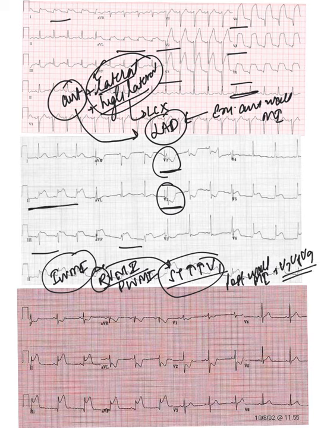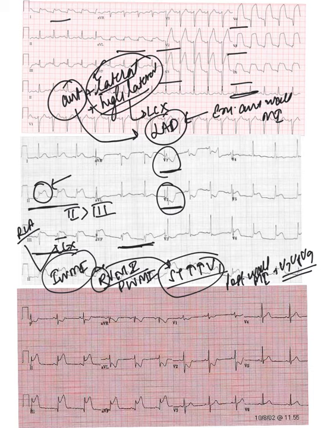So here 2, 3, AVF, and now we know inferior wall MI is caused by two arteries, whether it is RCA or LCX. But here we see that ST elevation in lead 2 is more than lead 3. If we compare, see, this is a bigger ST elevation. So if lead 2 is more than lead 3, then we know LCX is the answer.